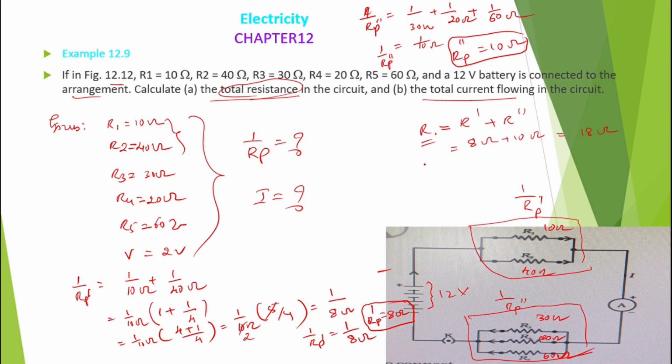Now only current is left. So current means Ohm's law, V is equal to I R. So I we have to calculate, we separate it out, I is equal to V by R. So the voltage given is 12 volt. 12 volt divided by the total resistance we got, 18 ohm.